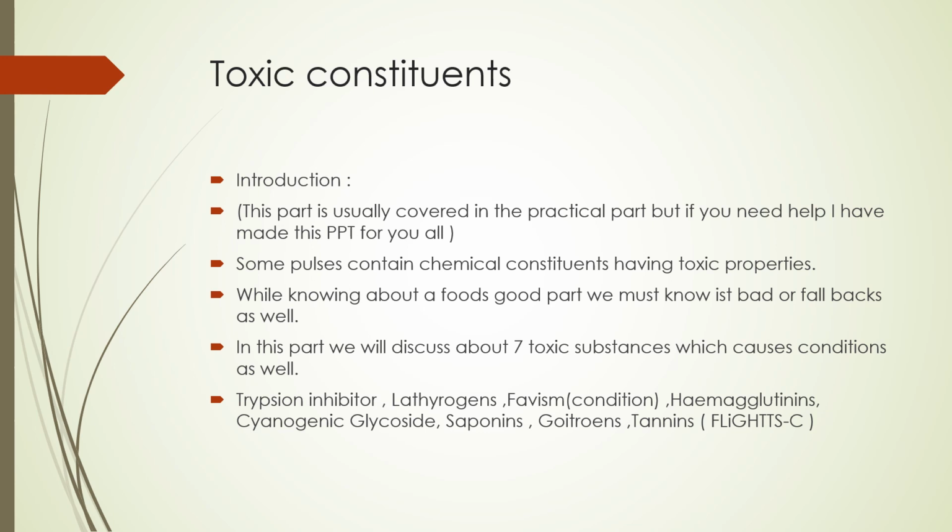I have mentioned the 7 toxic substances: trypsin inhibitor, lathyrogens, favism, which is basically a condition, hemagglutinins, cyanogenic glycoside, saponins, goitrogens, tannins, etc. The word FLIGHTS that I've mentioned in brackets is nothing but a mnemonic to help you remember. So if you are writing about toxic constituents, you can remember FLIGHTS.